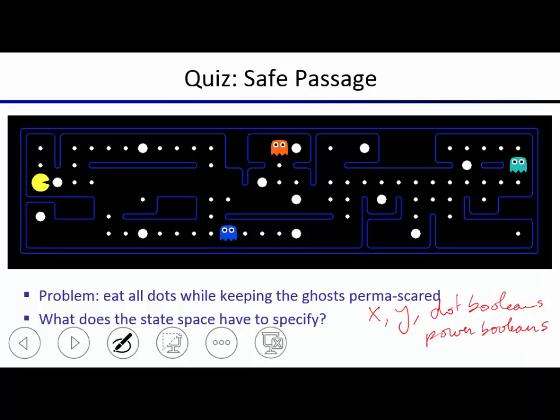So the coordinates for Pac-Man, the dots, for each one of them a Boolean, whether it's still there or not. And then for each power pellet, a Boolean saying whether it's still there or not. Okay, any other thoughts over here?